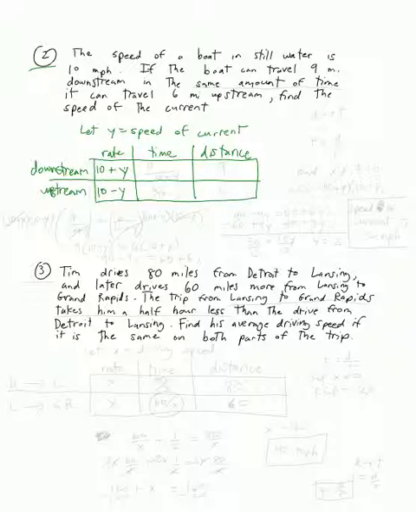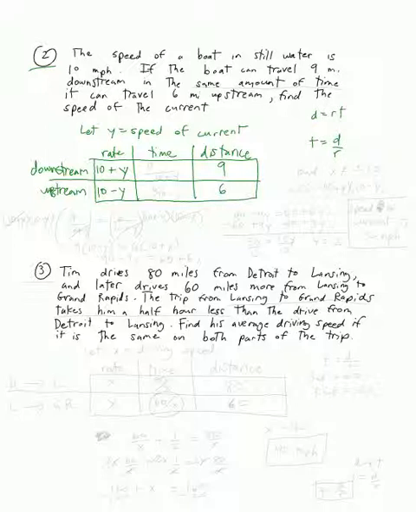Now, what about the distance? Well, it says it can travel 9 miles downstream. Same amount of time, it travels 6 miles upstream. This is a very similar problem to the one we just did. And the difference is, of course, that we have the 10 plus y and the 10 minus y. Now remember, time is equal to distance over rate.